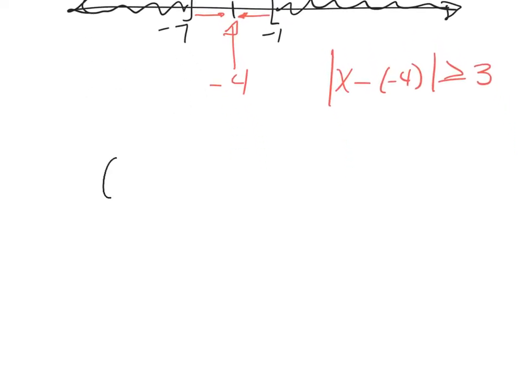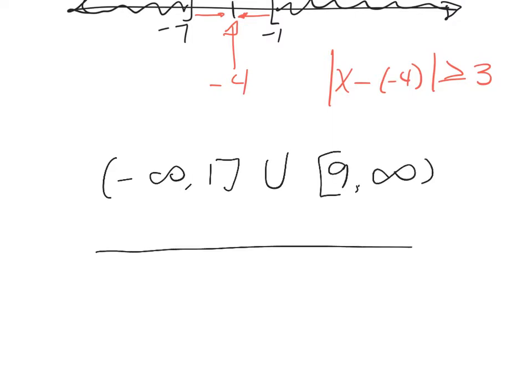So my interval is from negative infinity to, say, 1, union between 9 and infinity. First thing I'm going to do is put 1 here, and I'm going to put 9 here. What is the total distance between these two? 8.